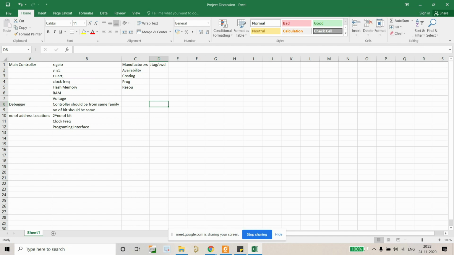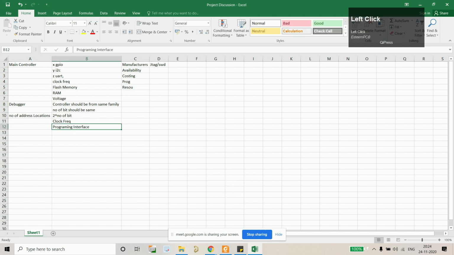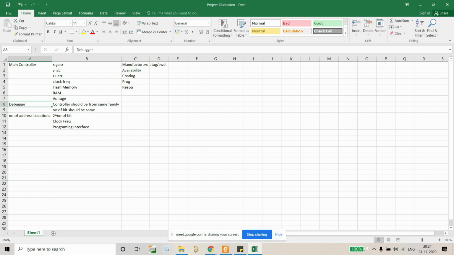So the debugger should also support these JTAG and SWD programming interfaces. These are a few mandatory parameters that a debugger should have. Only then can we use it to program our main controller, right? So that is one thing.